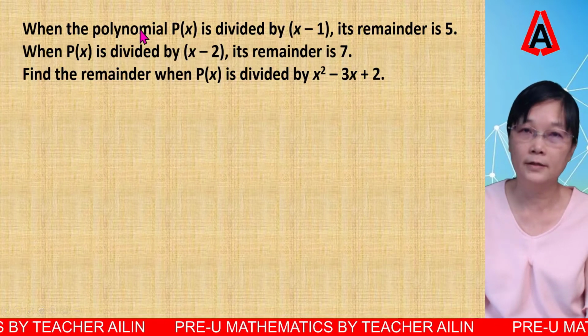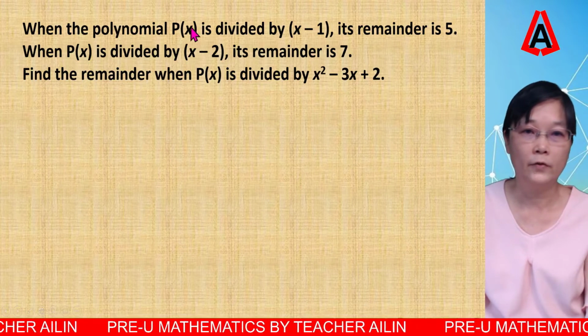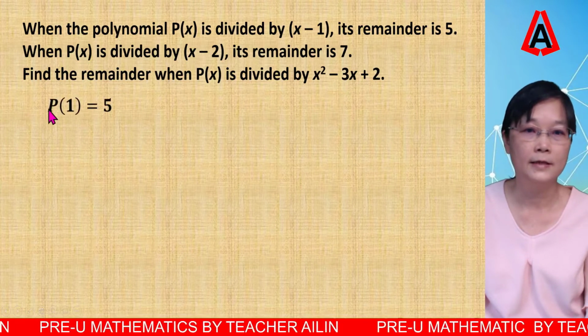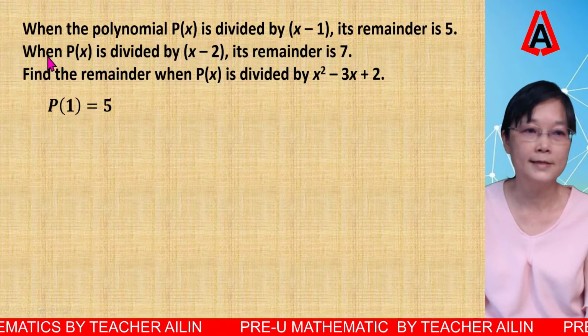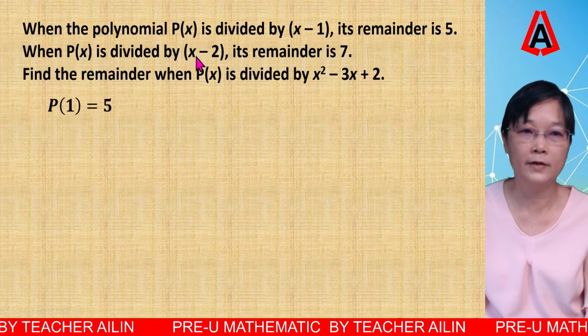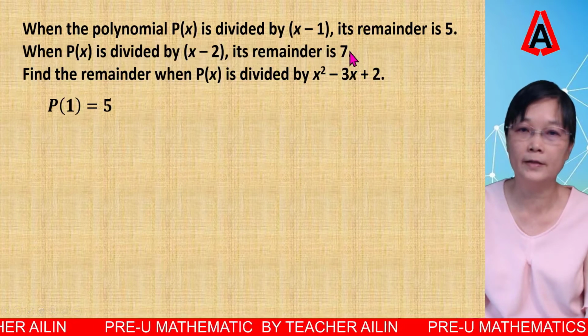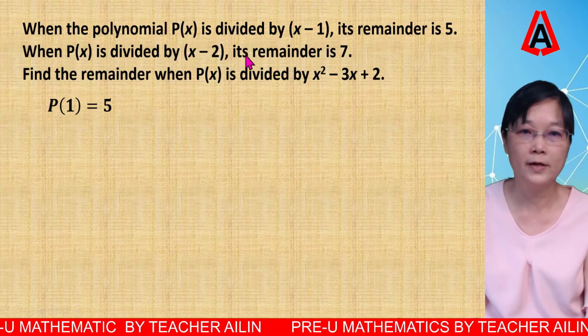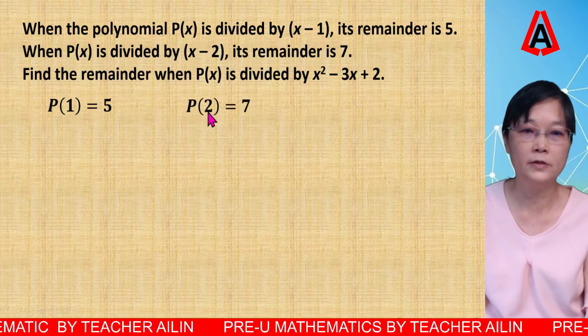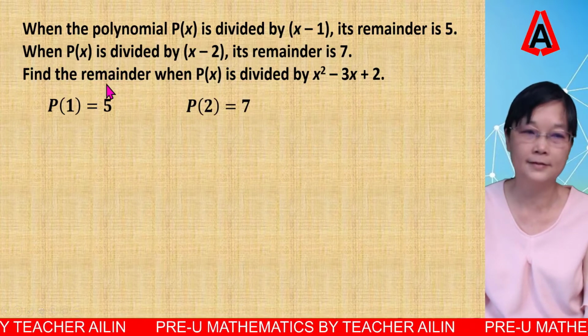Based on the remainder theorem, we can write this as p(1) equals 5. For the second statement, when p(x) is divided by x minus 2, its remainder is 7, and based on the remainder theorem, this can be written as p(2) equals 7.